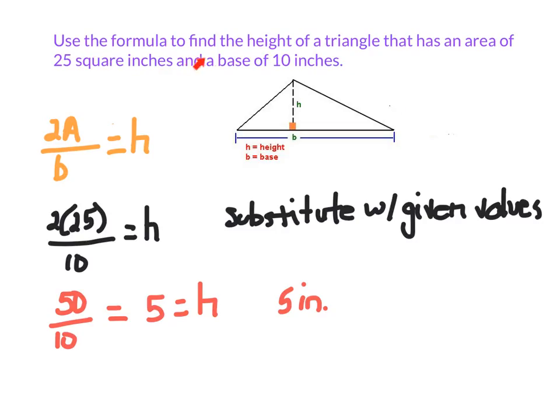And so here is: use the formula to find the height of a triangle that has an area of 25 square inches and a base of 10 inches. Here was the formula that we just worked out, 2a over b equals h.